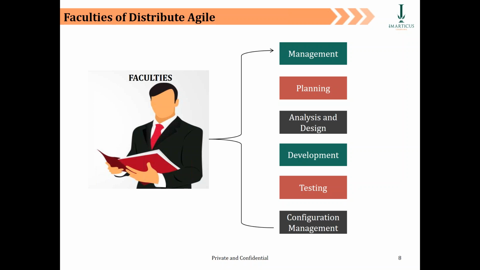And then last but not the least, you have a set of people, maybe 1 or 2, doesn't need too many, who are expert in configuration, which means they are capable of managing the total configurations done in the project.